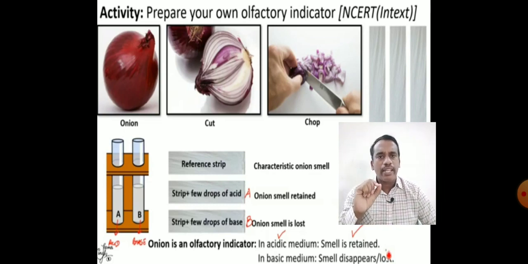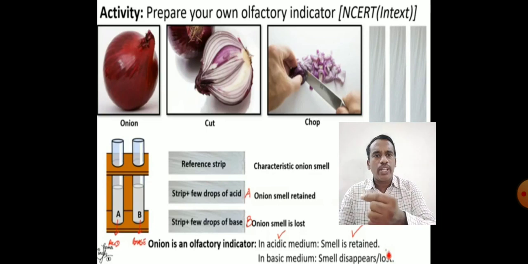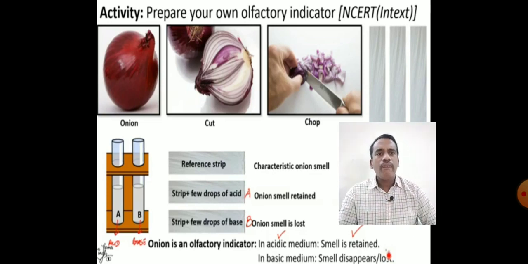In test tube B, I have taken some basic compound. I am going to take a dropper. I am going to place 2 drops from test tube A onto the second cloth strip. If you get the same smell of onion, it indicates the substance in A is an acidic substance.